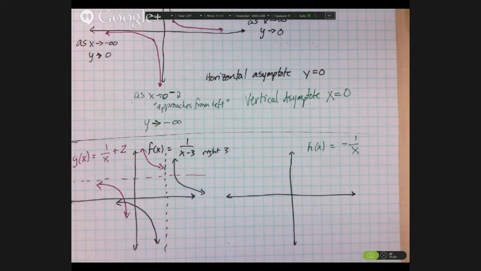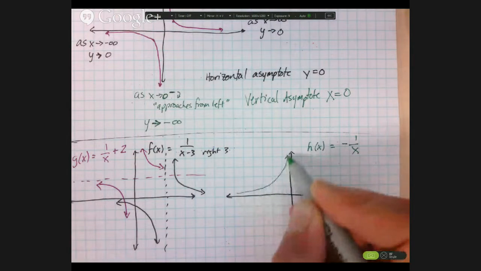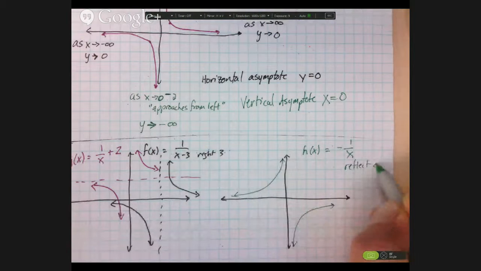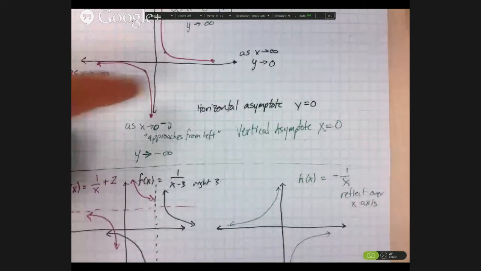Thank you for using your math language. So we're going to reflect it over the x-axis. It looks like that. So we take the original and flip it over the x-axis.